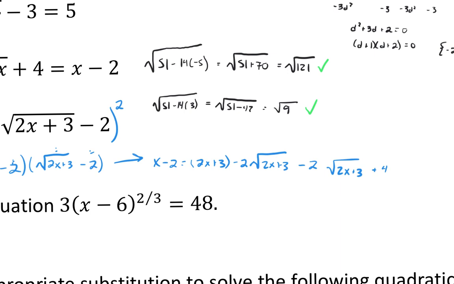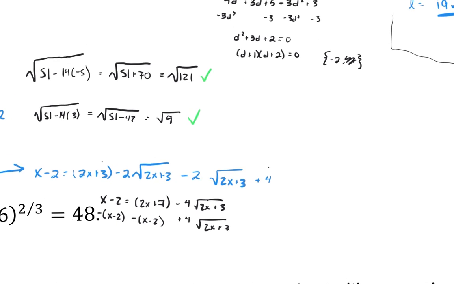So all in all, we're going to have x minus 2 equals, go ahead and combine these two, 2x plus 7 minus 4 square root of 2x plus 3. I'll go ahead and add this over, and then subtract the x minus 2 from both sides.